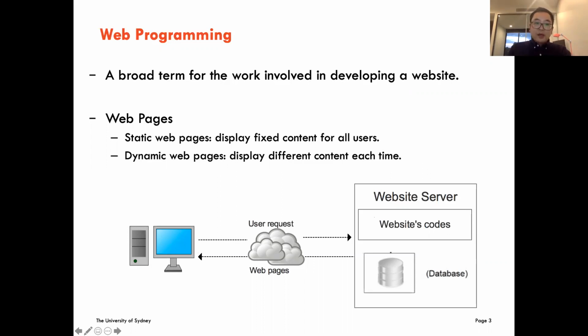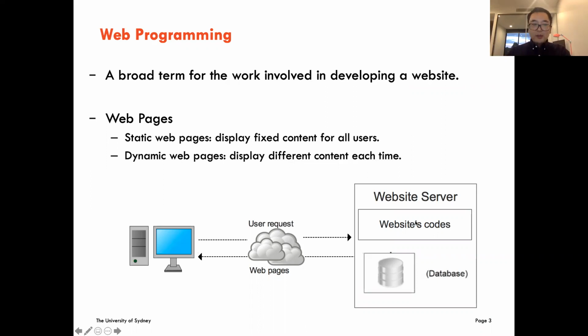And on the website server, there will be some code. For now, you just think of it like that: a piece of code to receive the user's request and try to interpret the request. Based on the request, that piece of code needs to communicate with the database and maybe insert some data, delete some data, search some results.